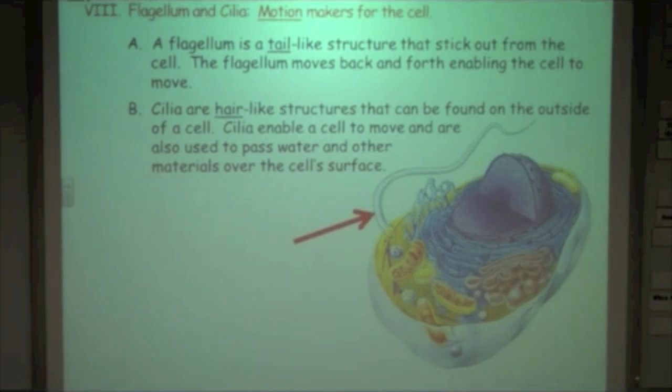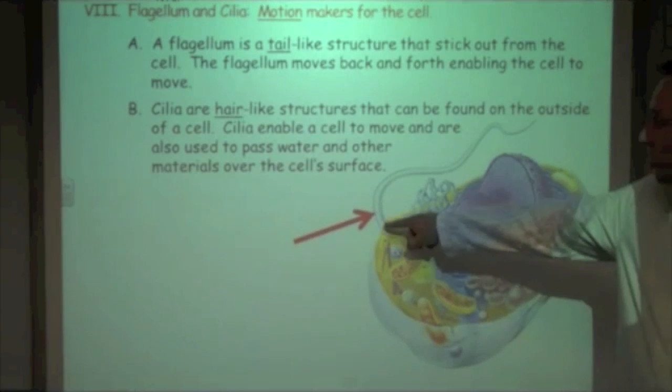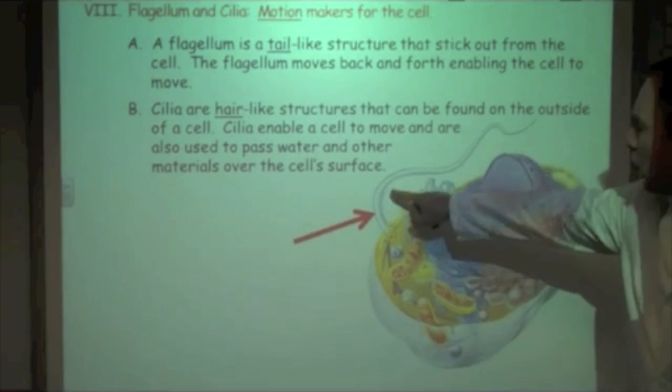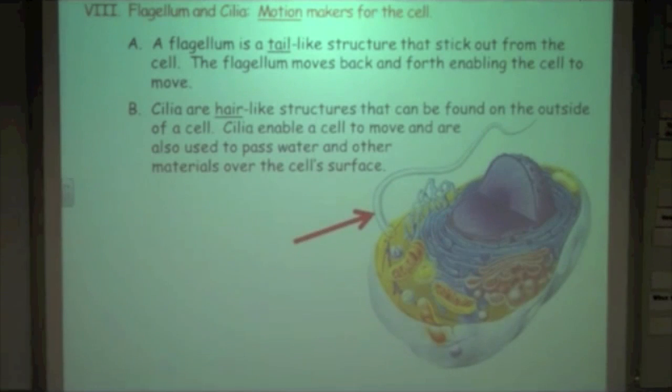As you saw previously in the previous lab where you were looking at the various animal cells moving on your slides underneath your microscope, all of those animal cells that had the ability to move either had a single flagellum, which is this long tail or long whip-like looking structure, or cilia. Cilia are like little hairs that vibrate on the outside of the cell. So those guys have the ability to move from one location to another.